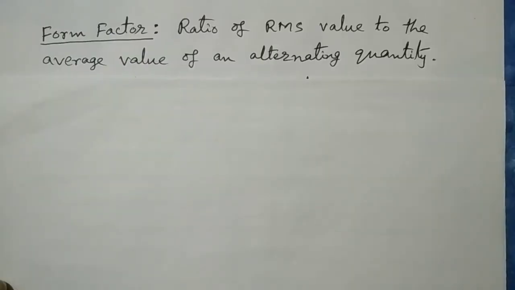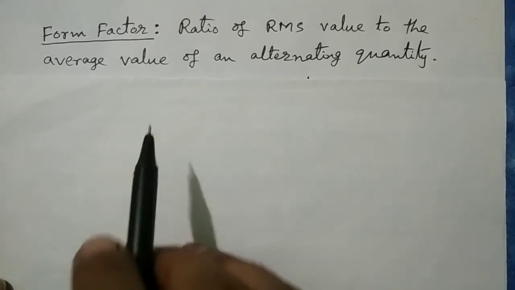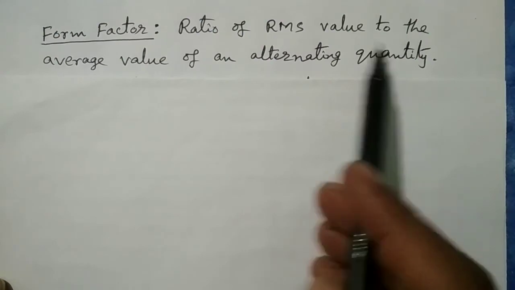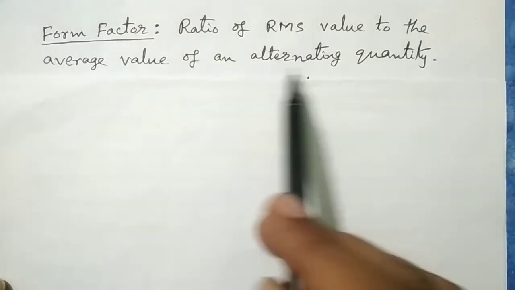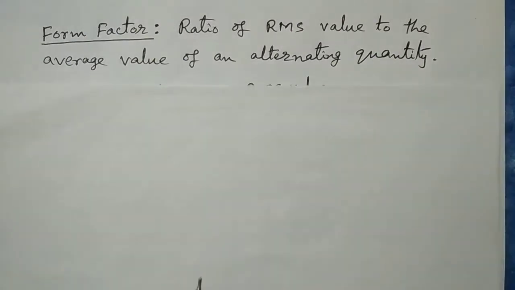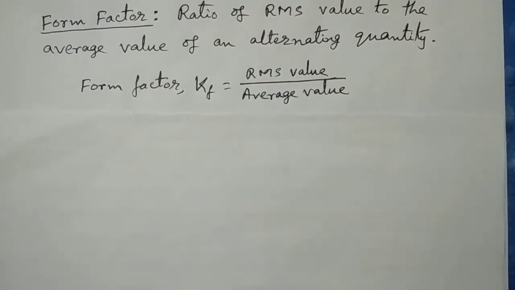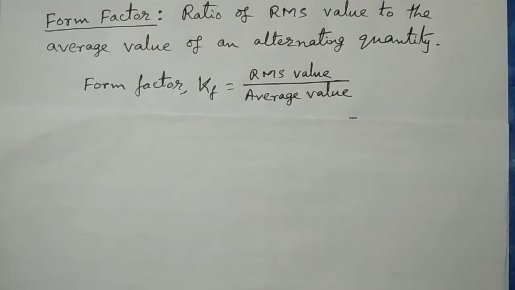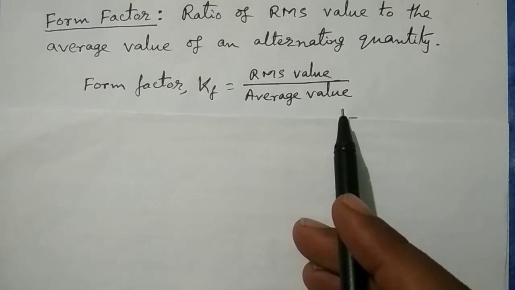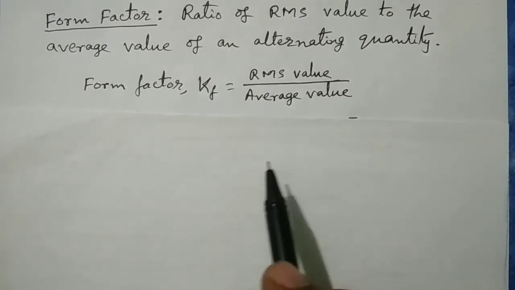Now there are two more important definitions, that is the form factor and the peak factor. So first, the form factor. It is defined as the ratio of the RMS value to the average value of an alternating voltage or an alternating current.